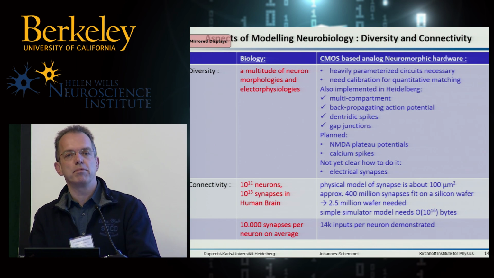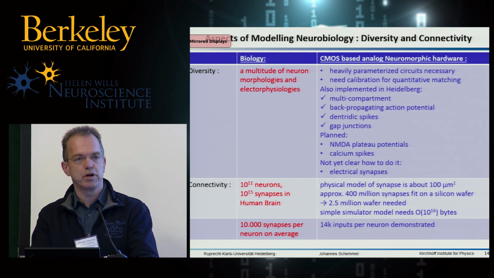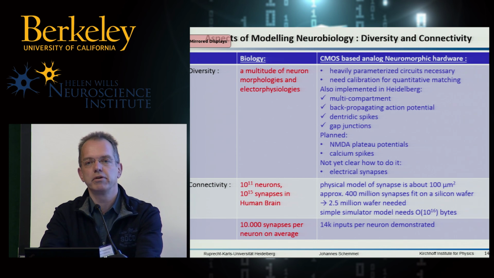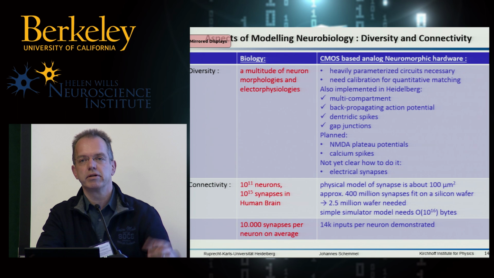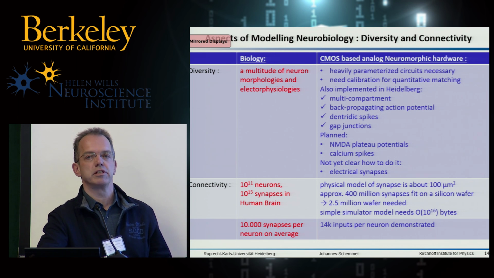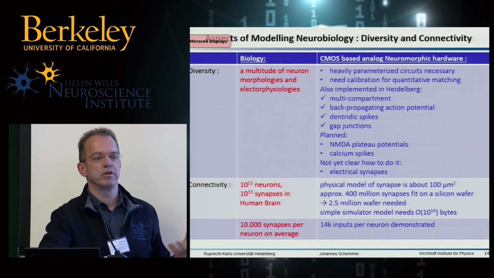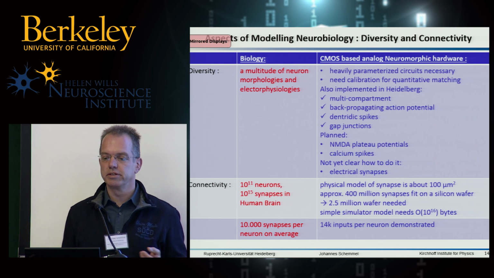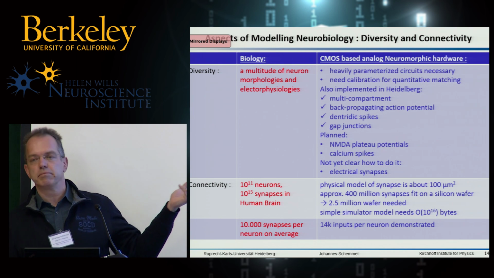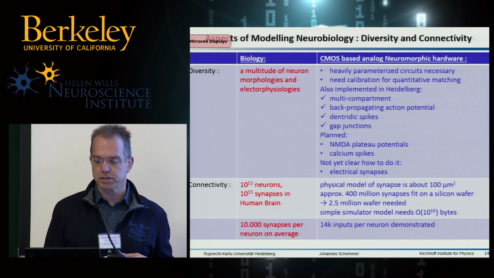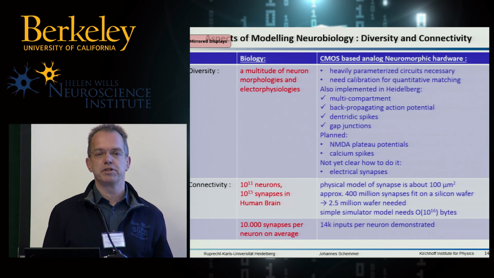A very difficult problem for our kind of modeling, and I'm not sure how you can ever put this in, are electrical synapses, because here you have coupled equations and you cannot use a digital spike transport anymore. I have not seen, also in the last days, any idea how to do this in neuromorphic hardware. Maybe this will still be the realm of numeric simulations for the foreseeable future, because this is the end of digital spike transport.